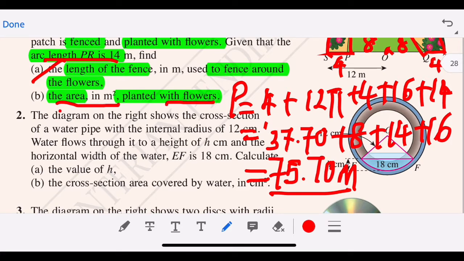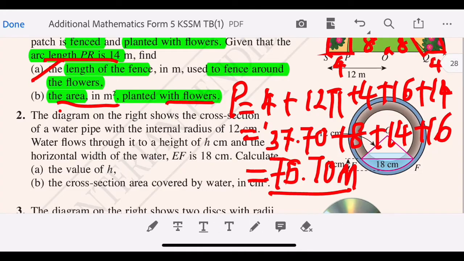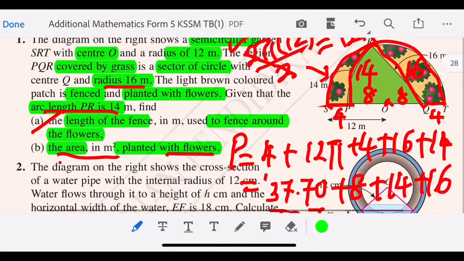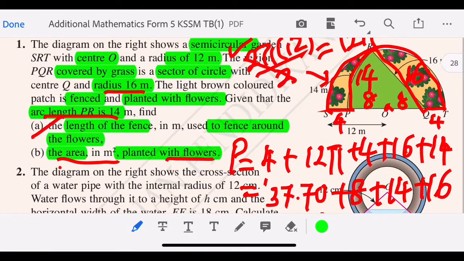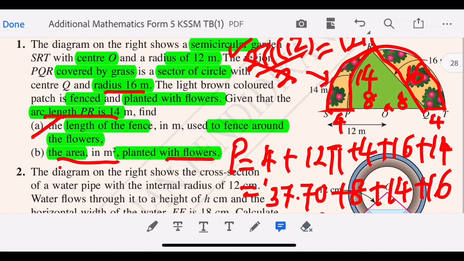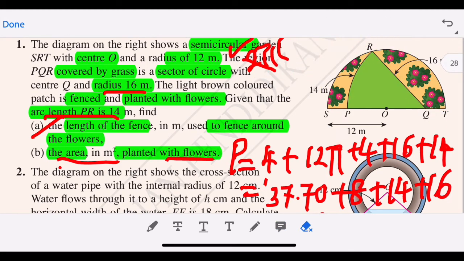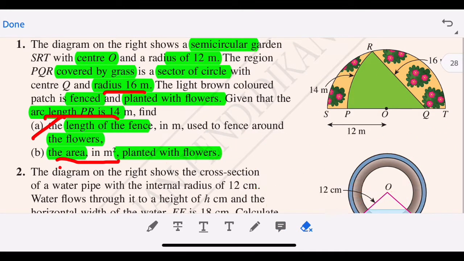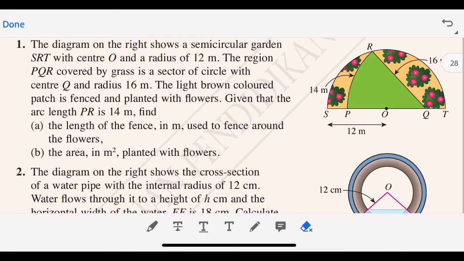Then the area planted with flowers. We have to find the angle first, because when we want to find the area, we have to work out the angle. We have to find the area of the sector.